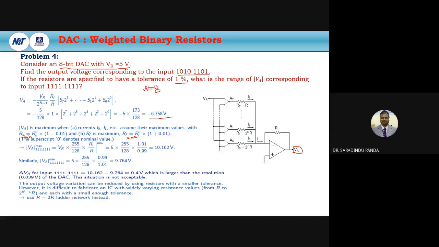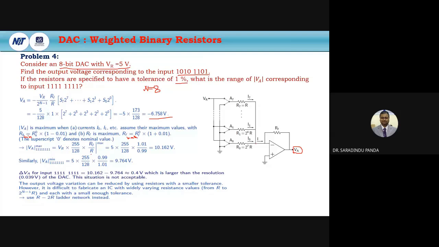And this is the maximum, R times 1 plus 0.01, that means 1%. So the R range should be R plus minus 1%: minus for minimum, plus for maximum. So if we know the RF, then we will write this.